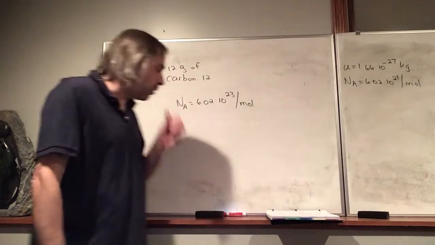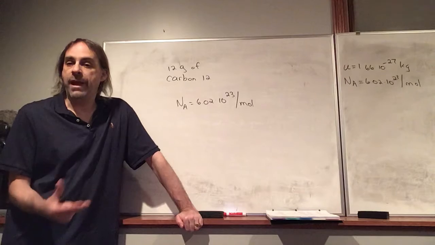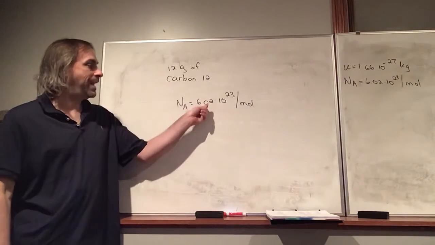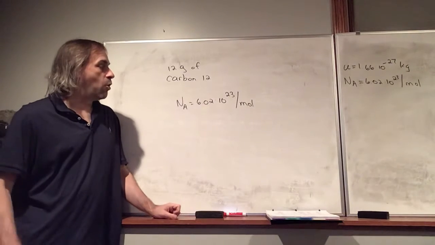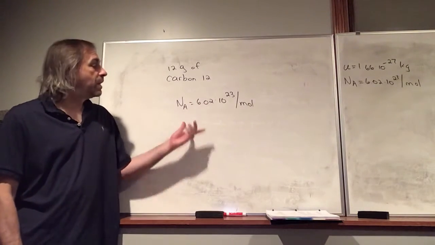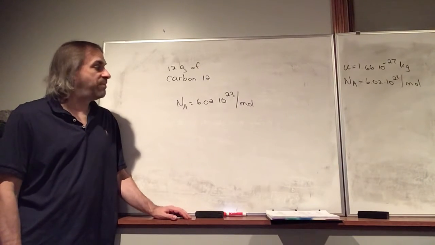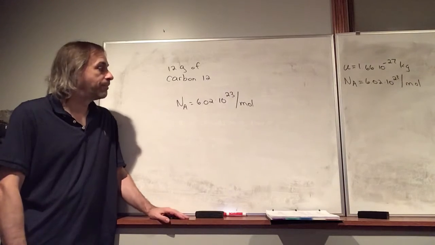Okay, so 1 gram mole. So again, you could have 1 mole of anything. 1 mole of anything contains this many particles. So 1 mole of carbon-12 atoms contains this many particles. Like 1 mole of pennies would contain this many pennies. It's just a number.